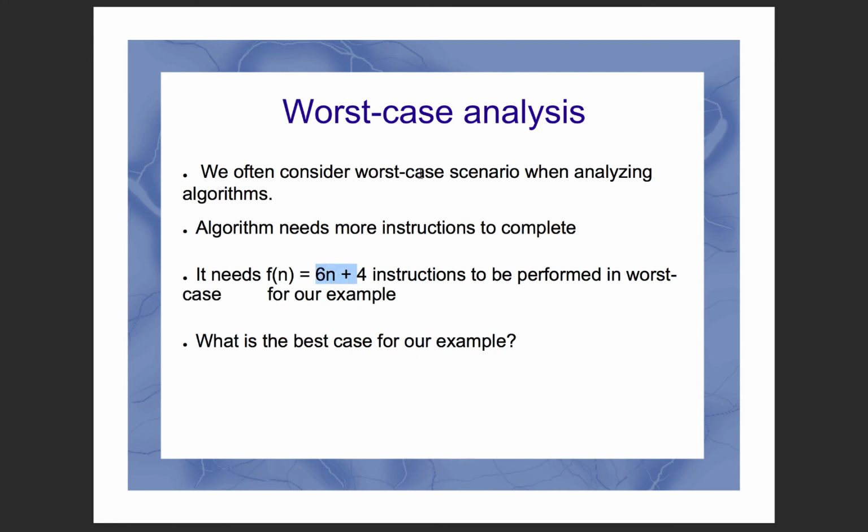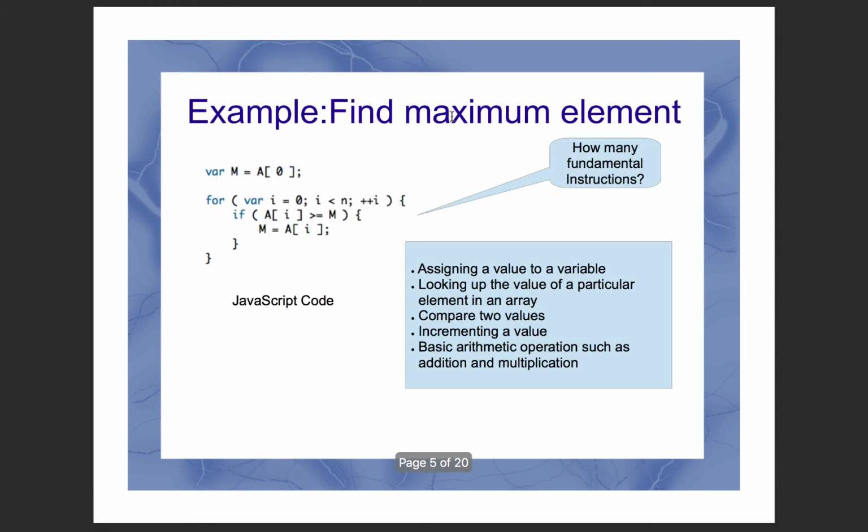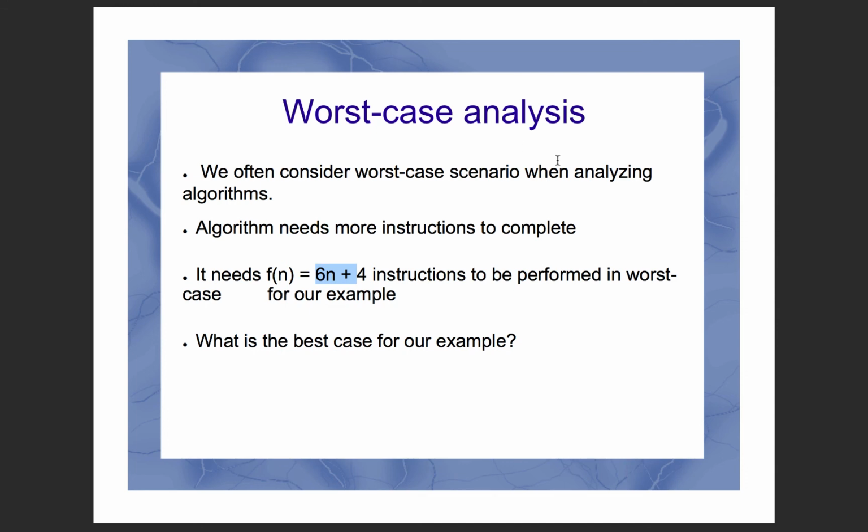We often consider the worst case scenario when analyzing an algorithm, as we have discussed. The if condition inside the program will probably not run n times, but we always think about the worst case scenario when analyzing an algorithm, because the algorithm might need more instructions to complete.